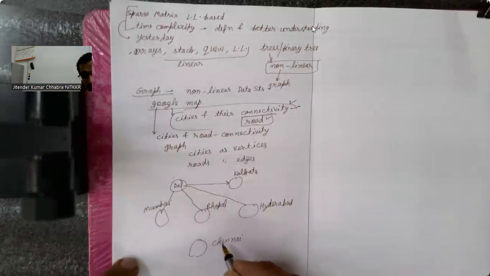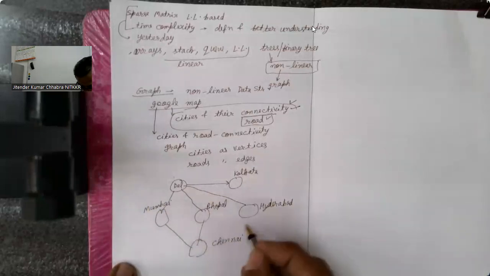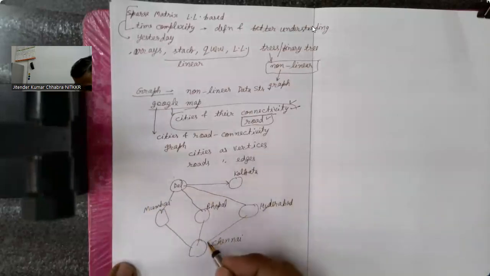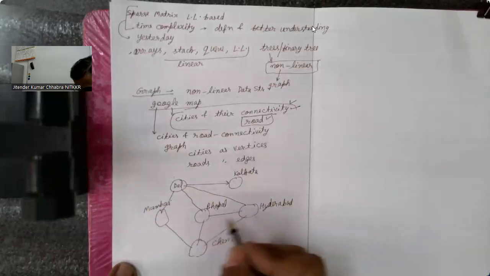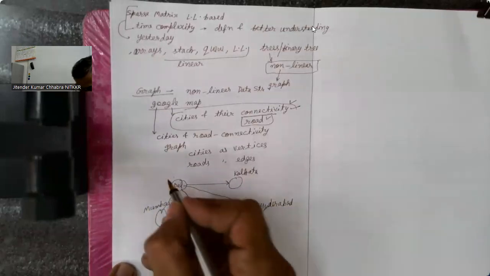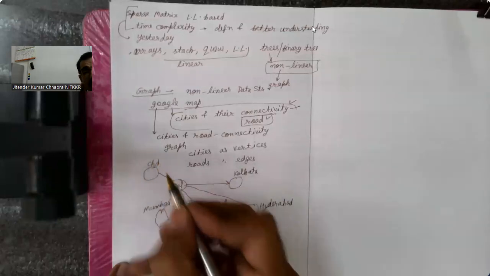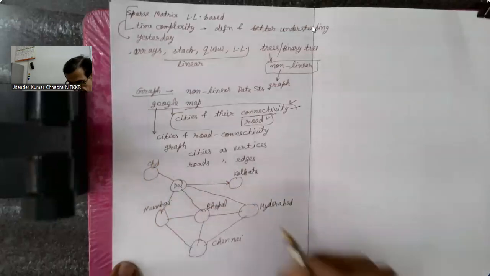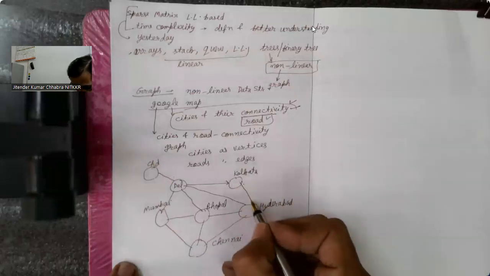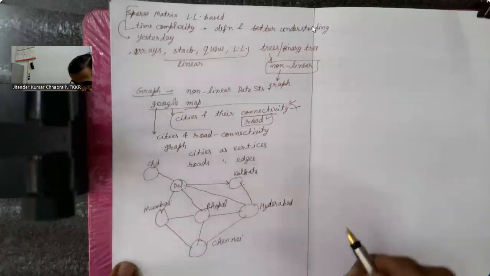All these roads and their information are available. On this side I have, let's say, Chandigarh and many more like that. Similarly for all other cities there could be different connectivities.